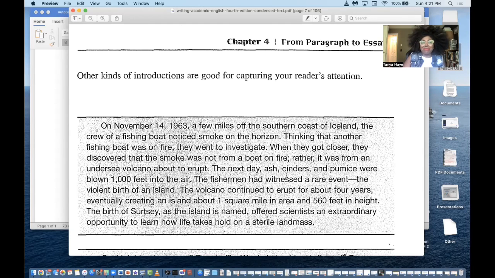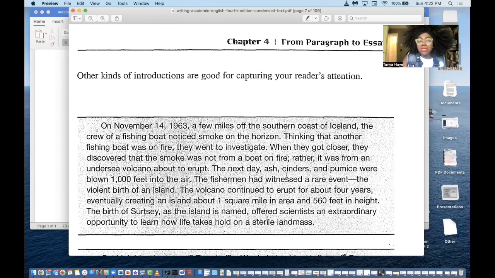Well, here's an example. On November 14th, 1963, a few miles off the southern coast of Iceland, the crew of a fishing boat noticed smoke on the horizon. Thinking that another fishing boat was on fire, they went to investigate.